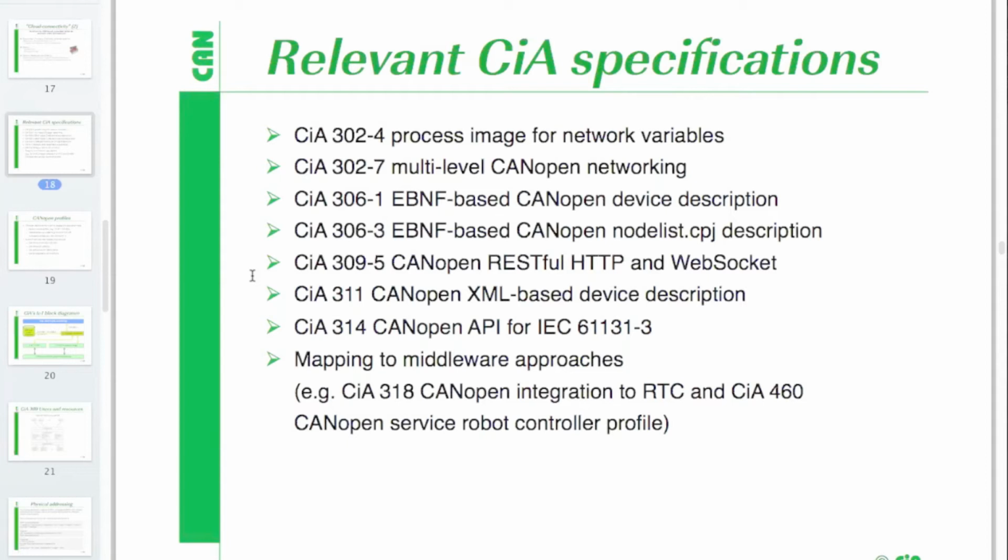We have XML-based device description and an API for programmable devices like a PC. So you don't need a specific gateway, or you may have a gateway, or your IoT application may reside in a programmable device like a PLC or similar. We also have integration of proxies for robotic systems, as you can see in the very last application specification listed there.